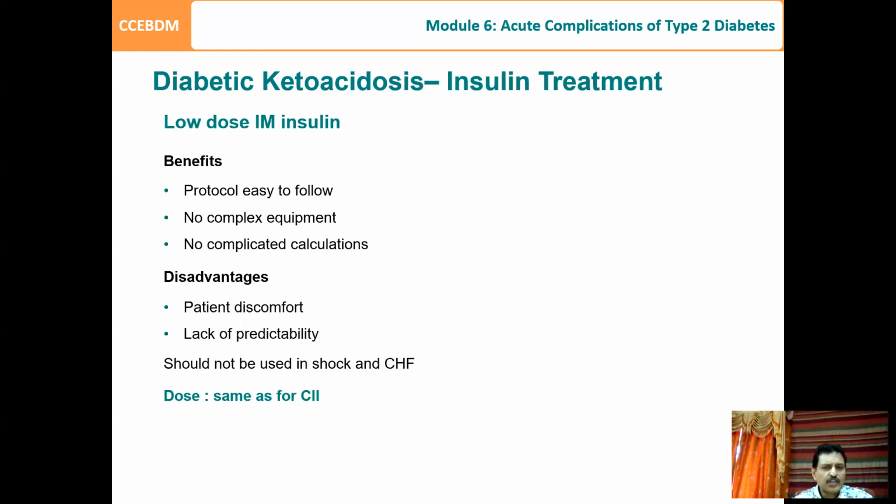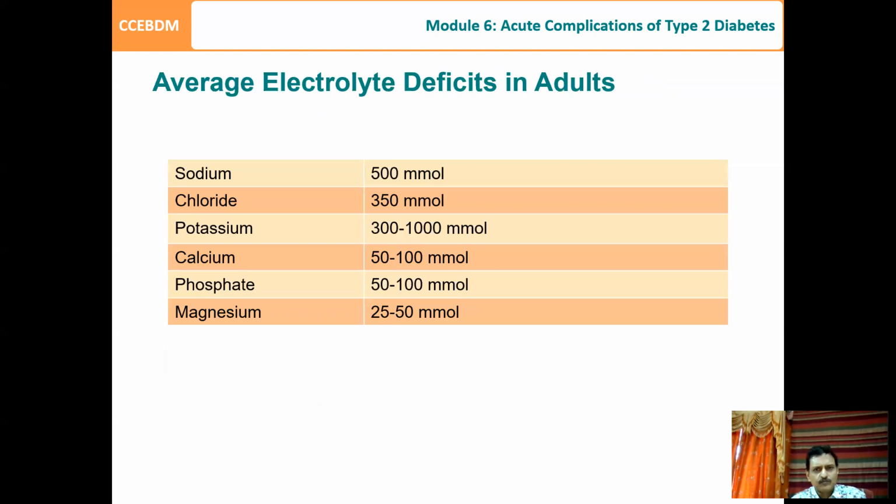Intramuscular injection has a very important disadvantage: the discomfort of the patient receiving an IM injection every hour. On the other hand, intravenous insulin is quite comfortable as far as patient compliance is concerned, and it is also easier to monitor the glucose, and we can up-titrate or down-titrate the dose of intravenous insulin as and when required. So I always feel more comfortable giving IV insulin than intramuscular insulin.